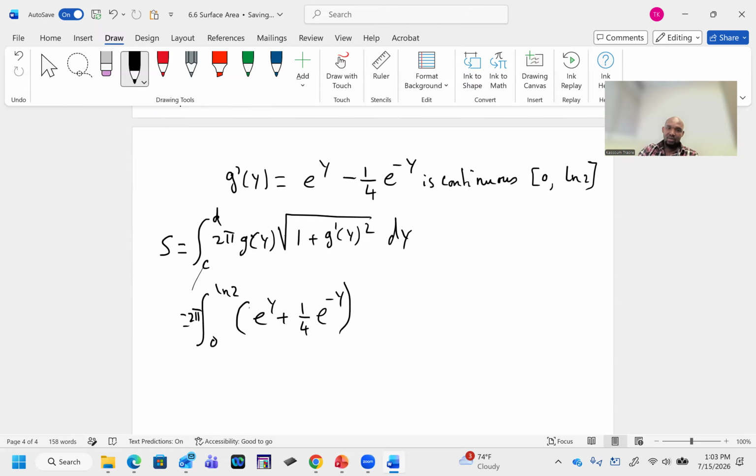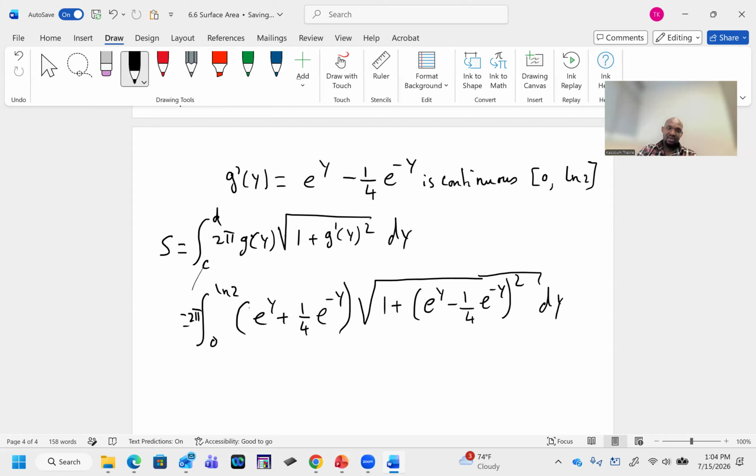Times the square root of 1 plus e to the power of y minus 1 over 4 e to the power of negative y, squared, dy.